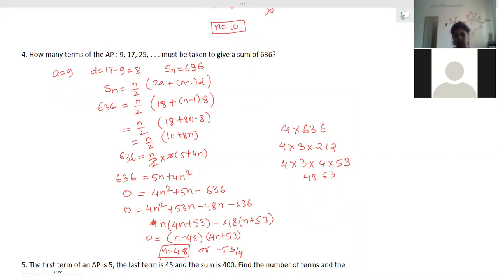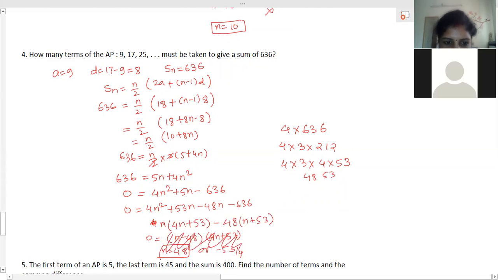Ma'am, if you take 48 common, then it won't be 4n inside. So the second bracket... Oh, yes, I've done this wrong. n into (4n plus 53).